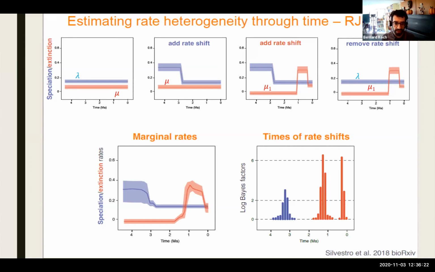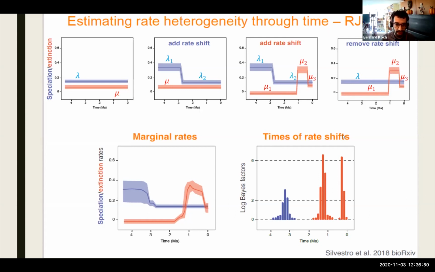In the top row, you can see how this might happen. You start with a single birth and death rate. The model proposes to add a shift in birth rates, then proposes to add a shift in death rates, and ultimately it decides that a better fit would be to remove that first birth rate shift.